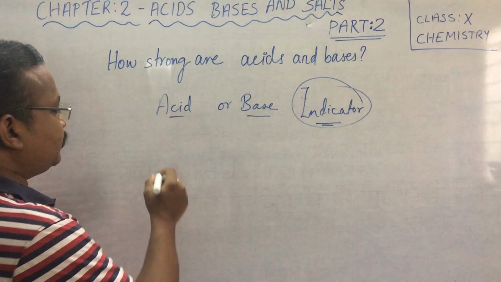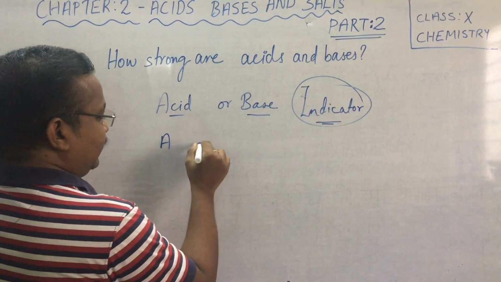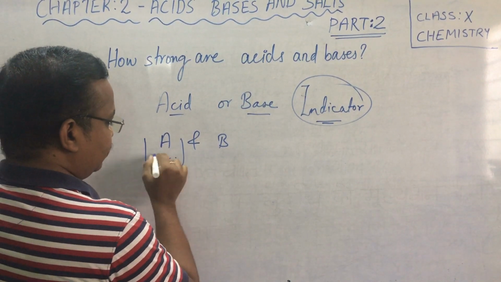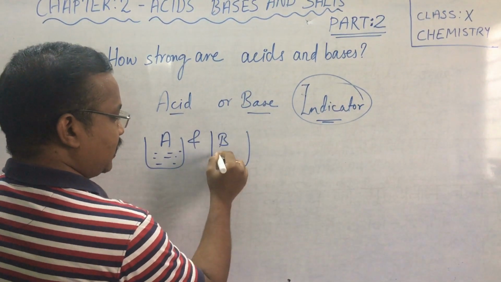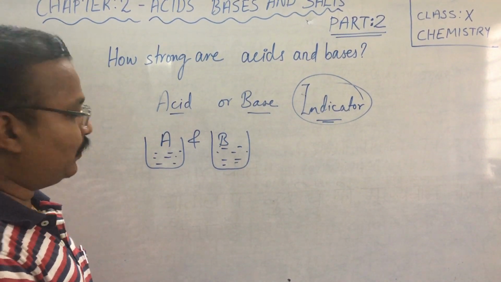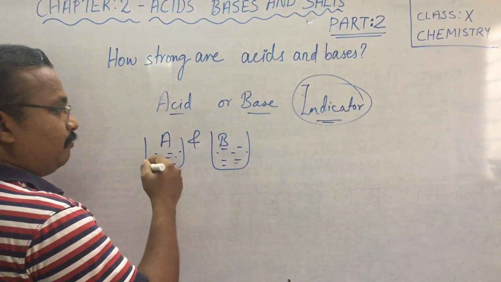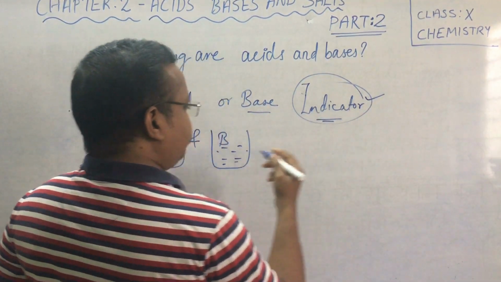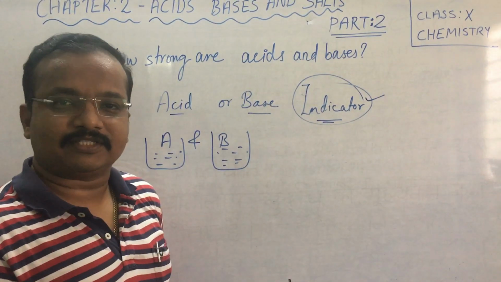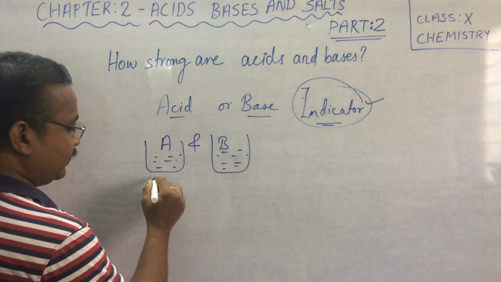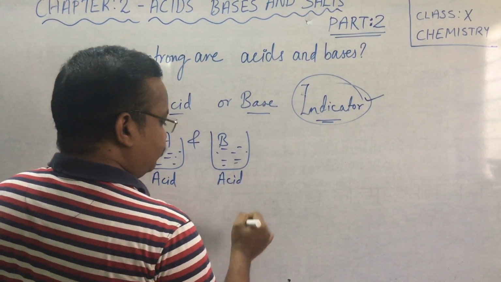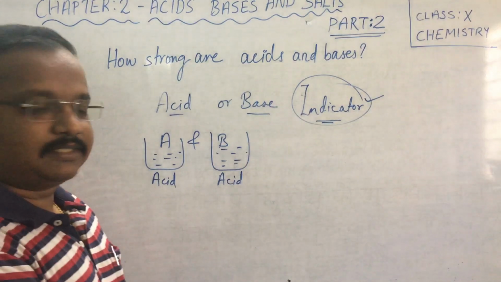But if there are two substances given to you, A and B, where A contains a particular colorless substance and B also contains a colorless substance, and by using an indicator, litmus solution or any other indicator, we find that A is an acid and B is also an acid.